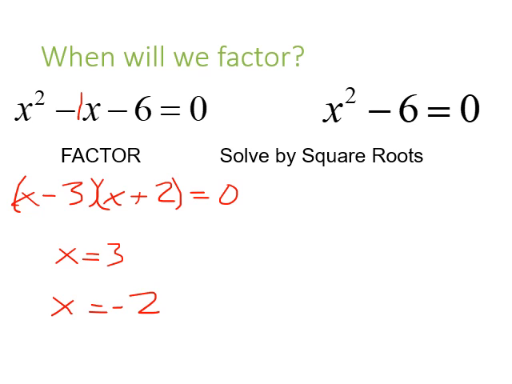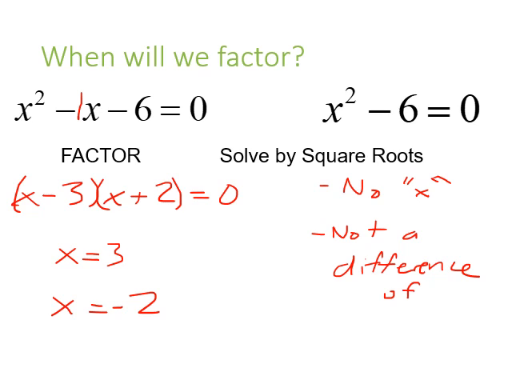On the right side, x squared minus 6 equals 0. Okay, this is not factorable. There is no x term, and it is not a difference of squares.